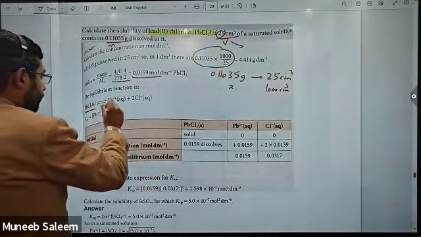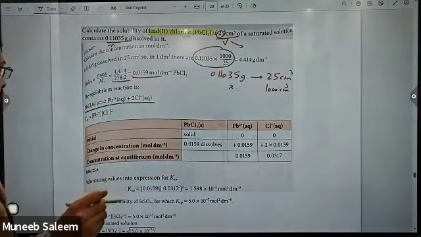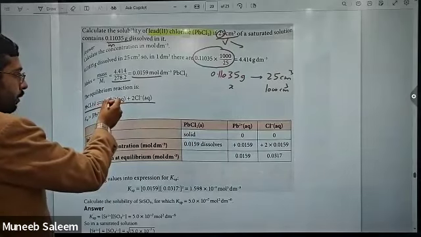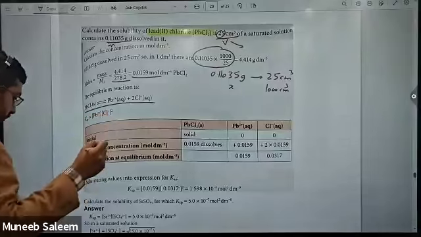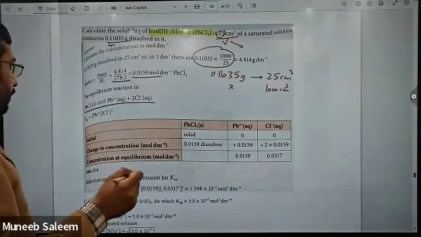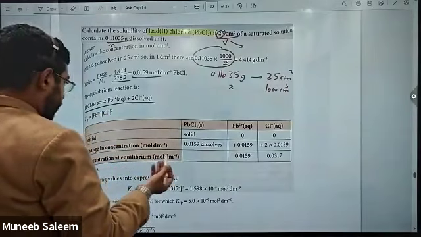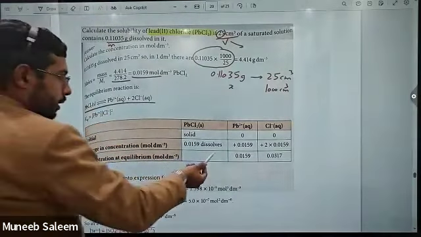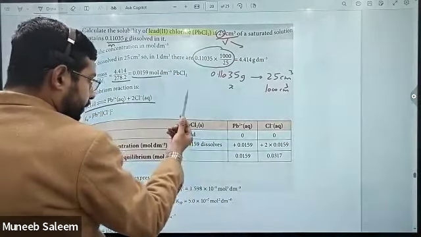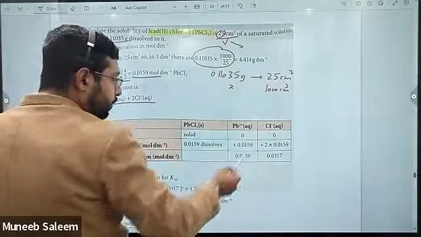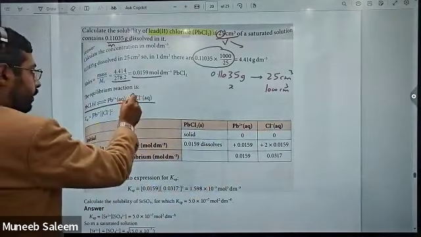After that, we construct the equation for the solubility of the lead chloride. We have this relation: 1 mole of lead ion is there and 2 moles of the chloride ions are there. If this amount is dissolved, it will produce 1 mole of this, but 2 moles of the chloride ions, since there are 2 moles present here.